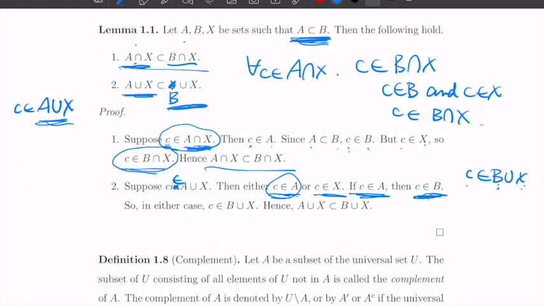That's true. But on the other hand, if this is not true, then the other must be true.